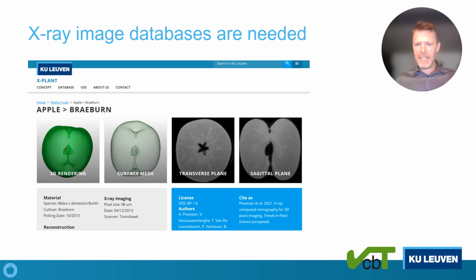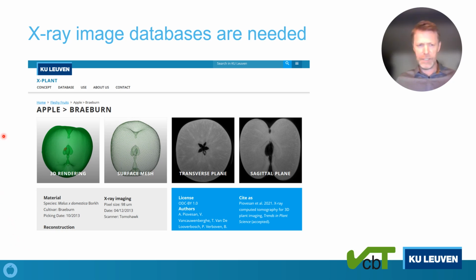Finally, one last challenge that I want to discuss in the clinic is how we can better share data with other researchers. This might be very useful to improve algorithms, for instance, for image processing. We ourselves have made a start with that, so we have a website database available called xplant.org, where we have for a wide range of plant materials, plant organs, already images available for download.